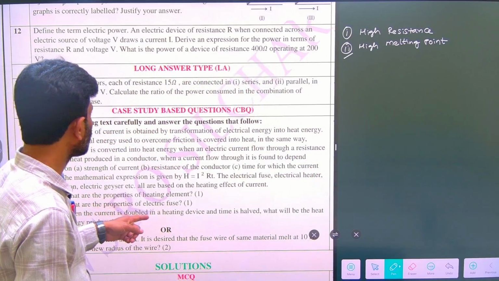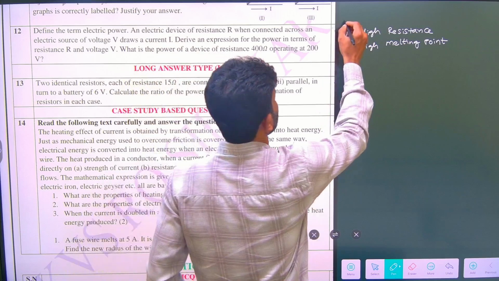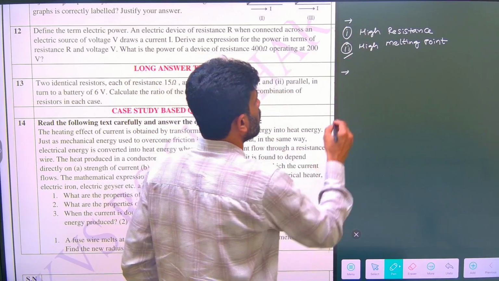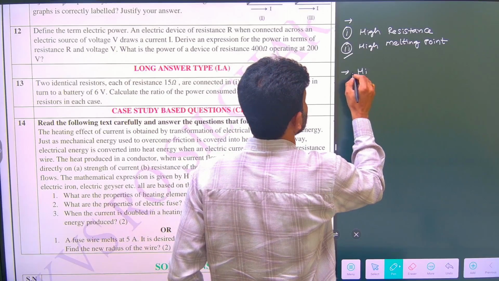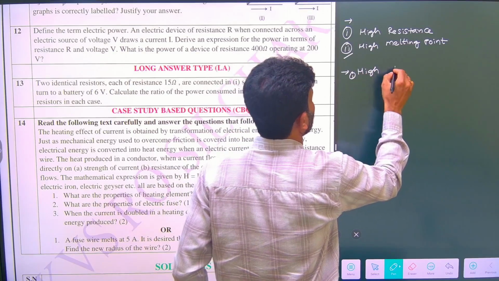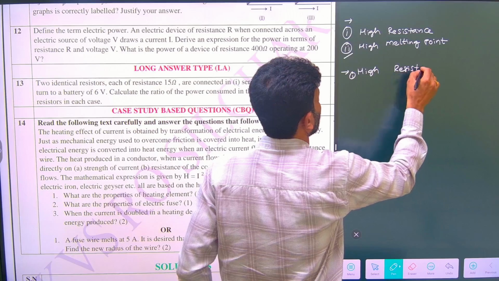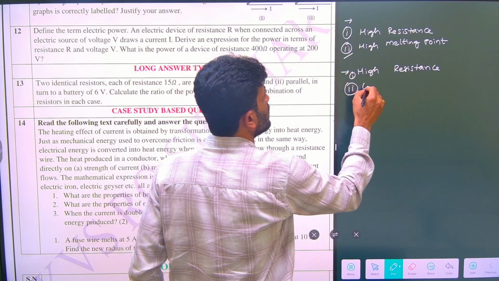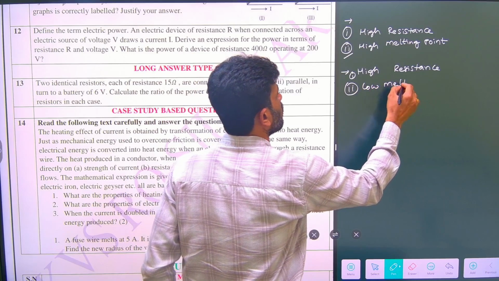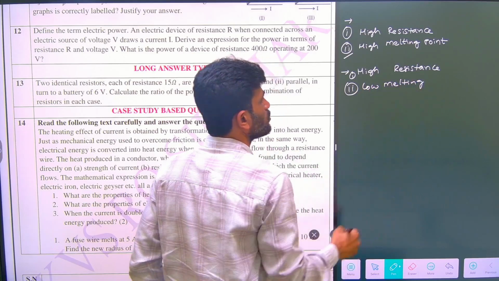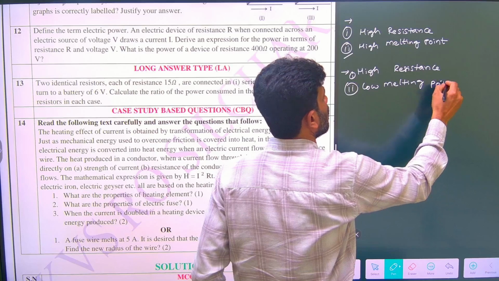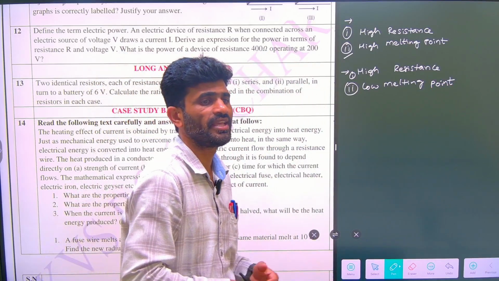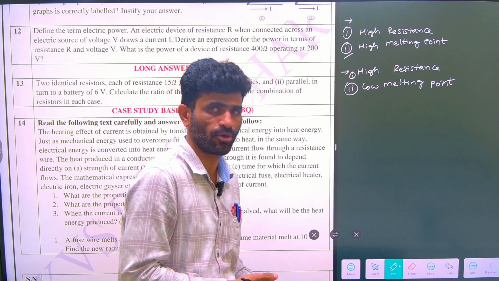Next one is, what are the properties of an electric fuse? Here, in an electric fuse, high resistance it should have, and low melting point. These are the properties of a fuse. Why should it have low melting point? Because when high resistance is there, a high amount of heat will be produced.